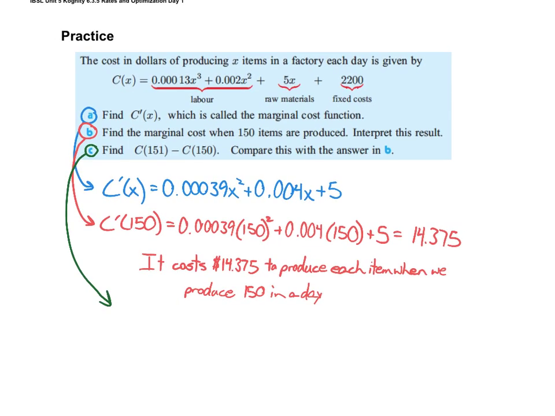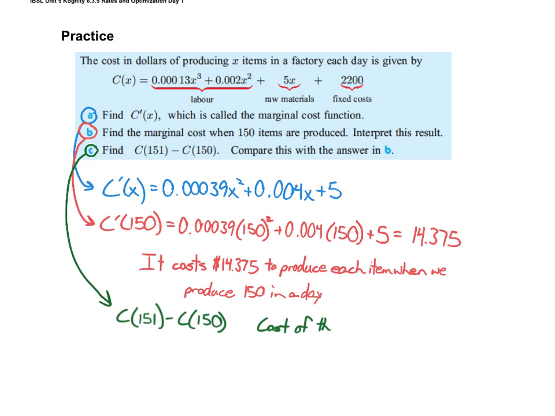What they're actually having us do here, C of 151 minus C of 150, that's going to be the cost of the 151st item we produce. So producing one more should cost us about how much? $14.375, right? It should be around there.